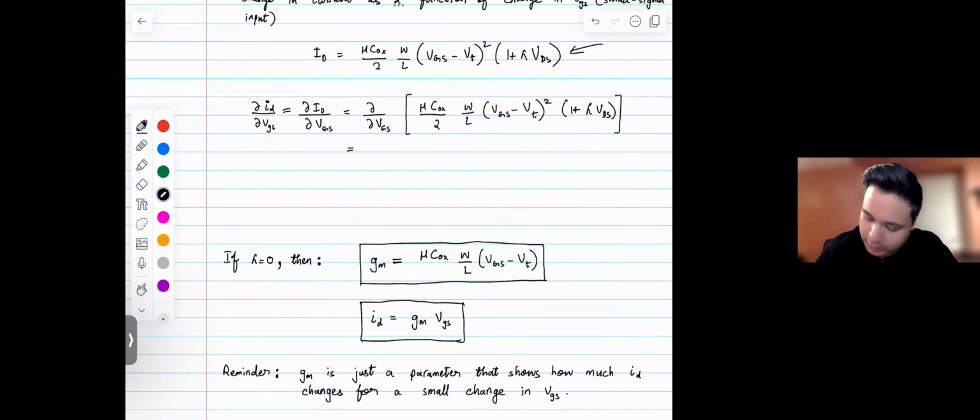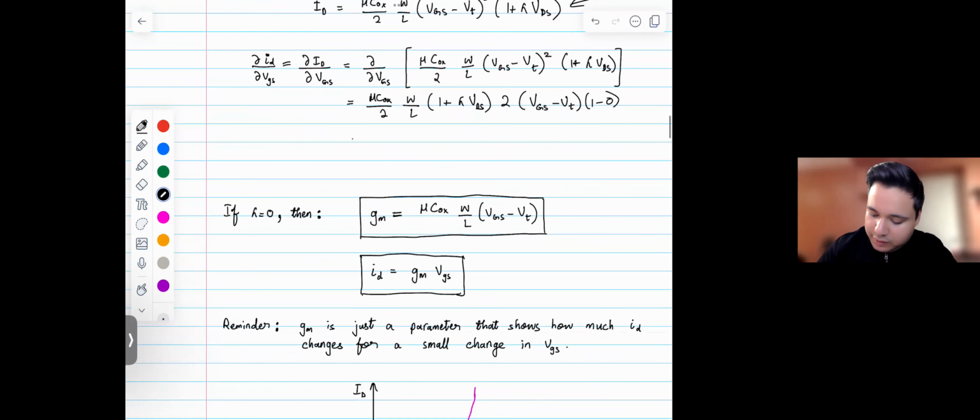So here, mu Cox by 2 is a constant, W by L is a constant, 1 plus lambda VDS is a constant, and then 2 times VGS minus VT, and then 1 minus 0, right?